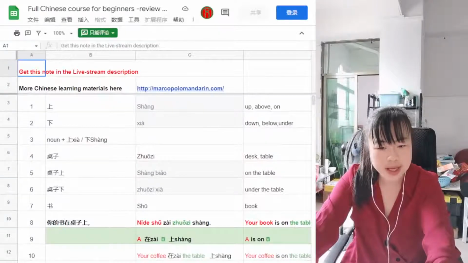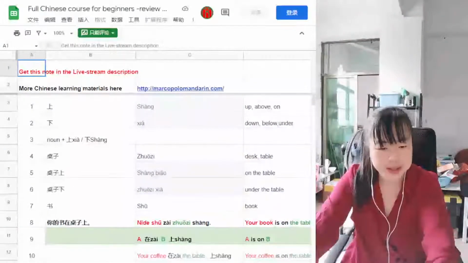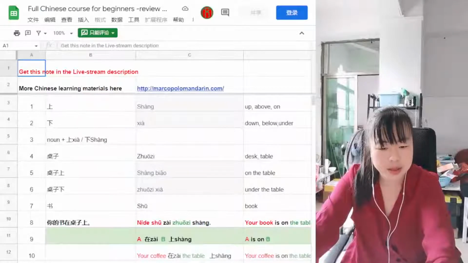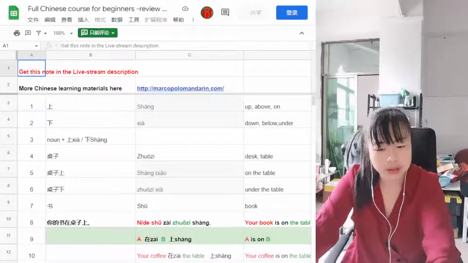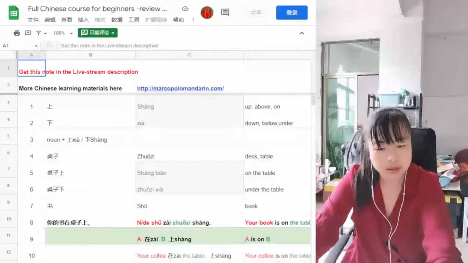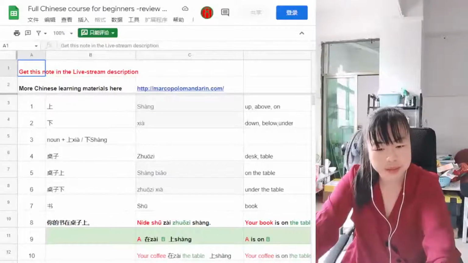The same as the previous patterns, I'll mark with different colors. A is red and B is green.